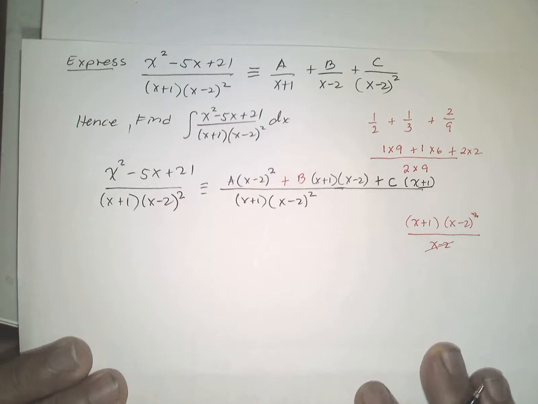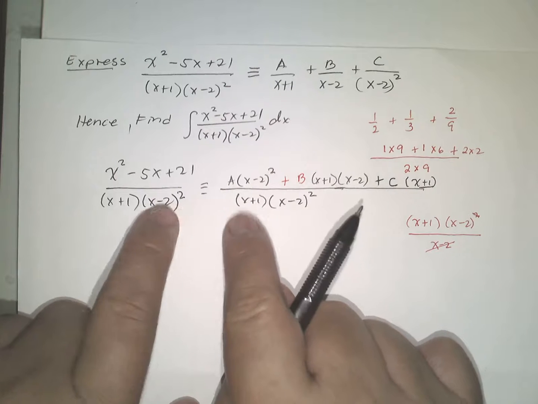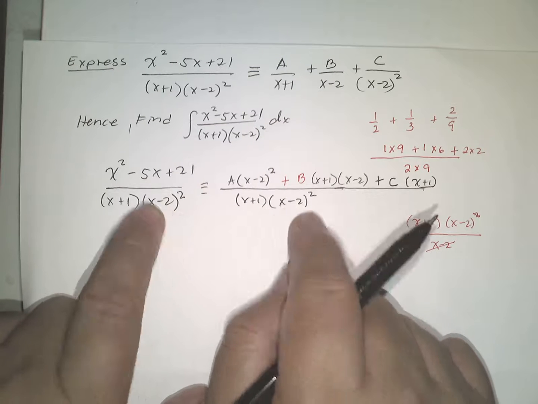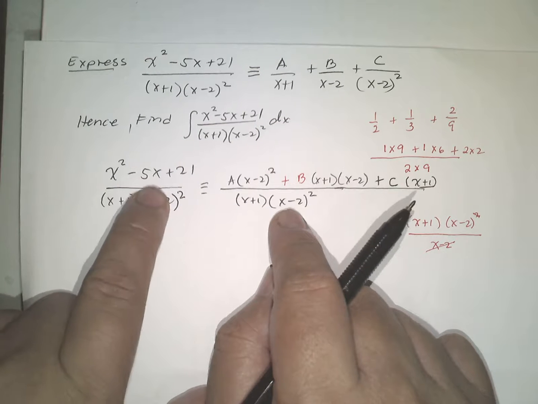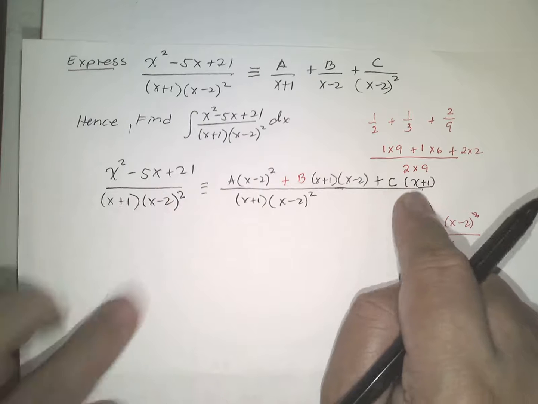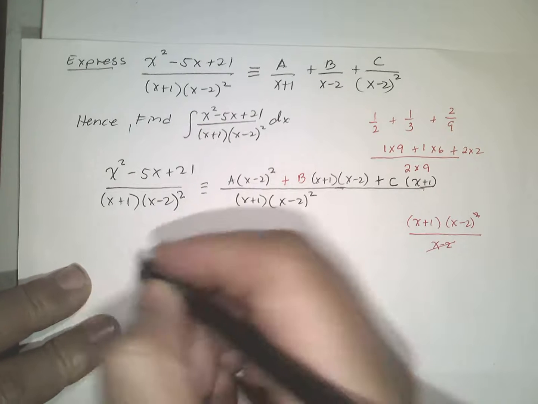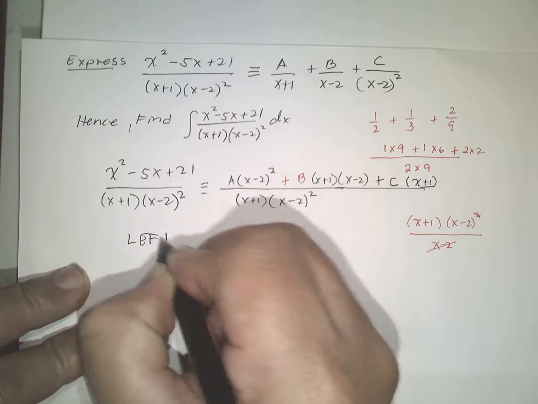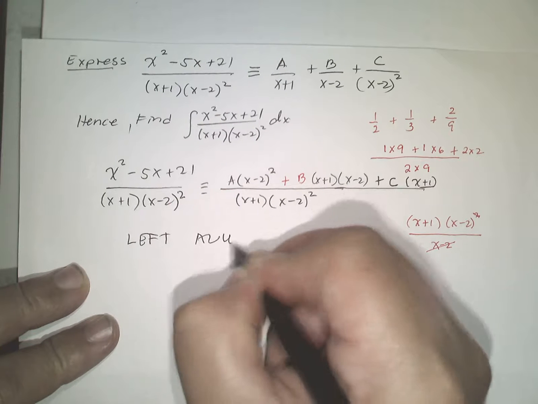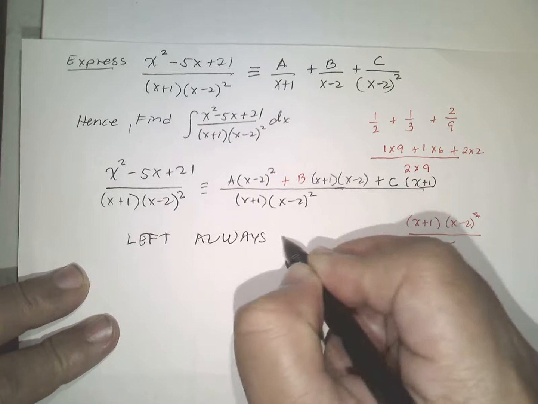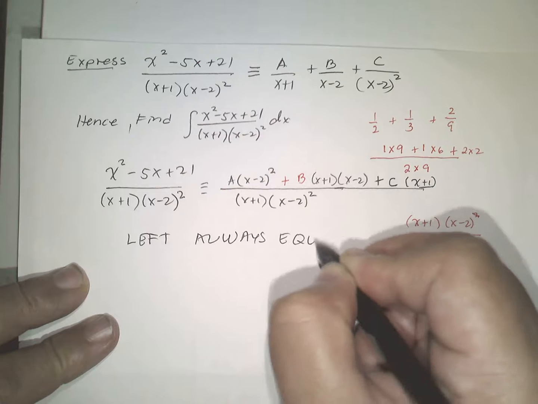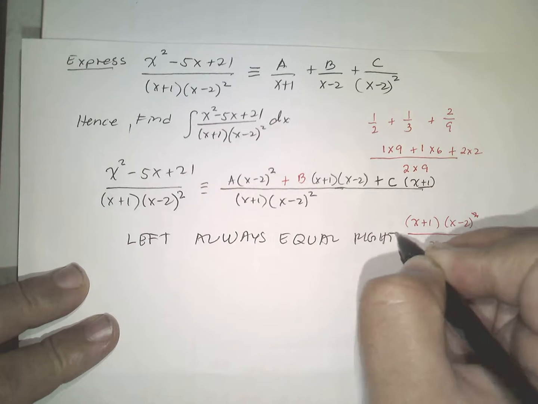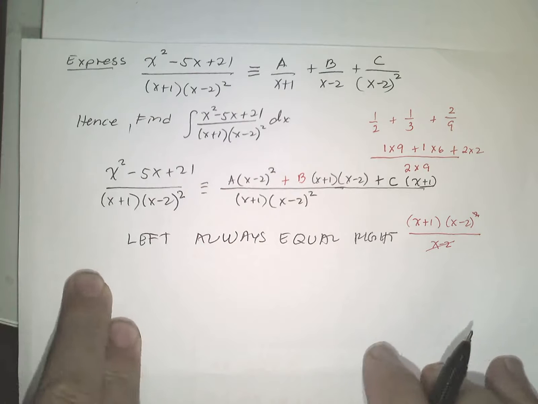So what does it mean? As you can see, the bottoms here are always equal, so the top portions must always be equal. Let me just write it down. The left is always equal to the right.